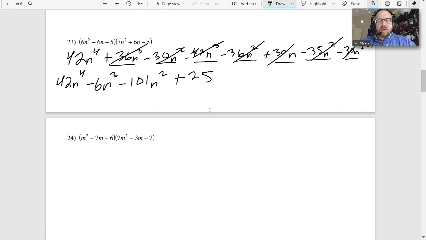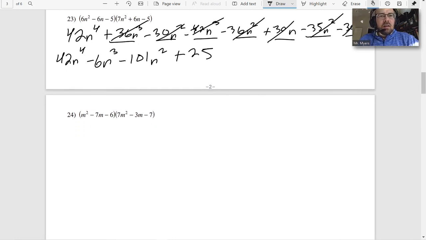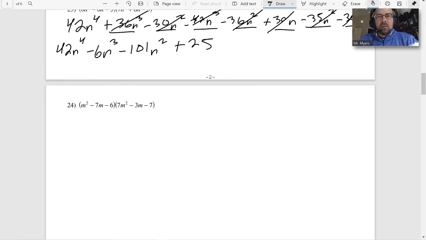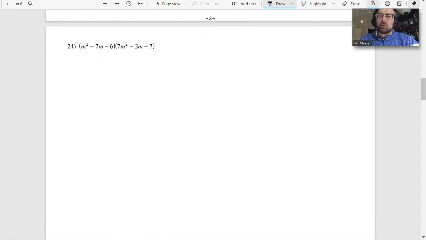And there we go. Okay, so that means that we're going to have 2 n cubes, 3 n squareds, or for 24, we're going to have m's, and then 2 of the 3's, 2 of the 1's, and 3 of the 2's. Okay, let's see if we can do this. 7 m to the 4th.